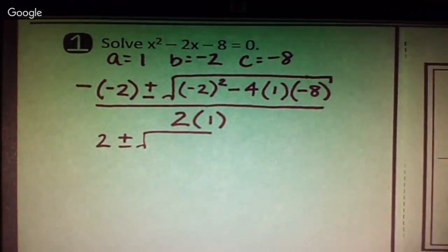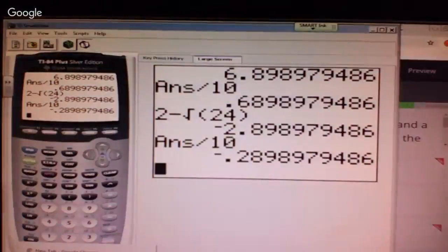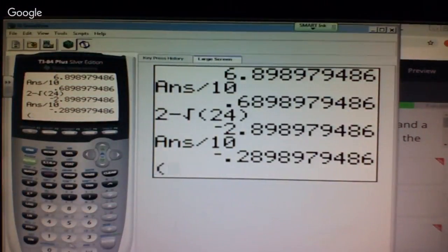So you're going to plug into your calculator everything just under the square root. So for those of you that are struggling with this, let me do it on the calculator here. Okay, so you open your parentheses. We've got a -2 for B. We then square that value. Okay, so the -2 is in the parentheses. The square is outside of it. Minus 4.